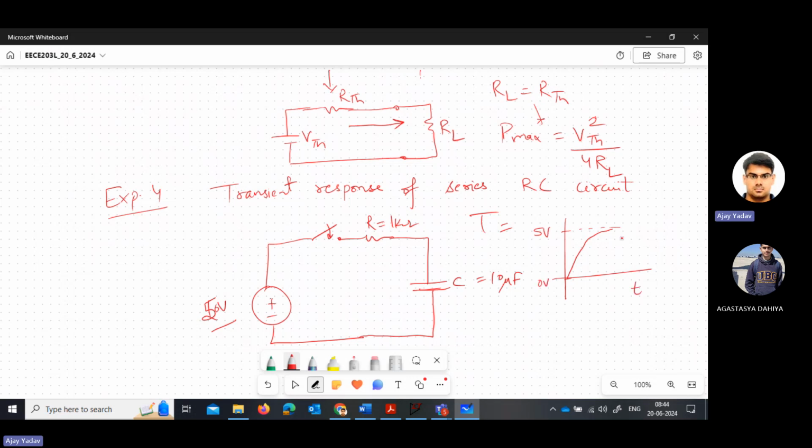This is with respect to time. So when you switch on this, it will take some time for this circuit to go from 0 to 5 volt.